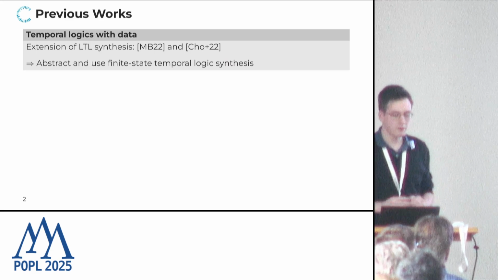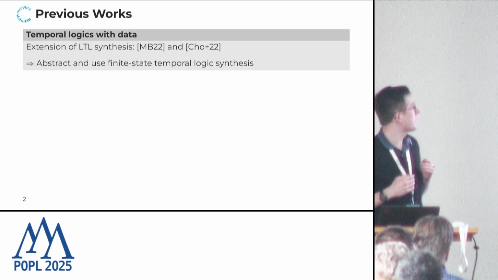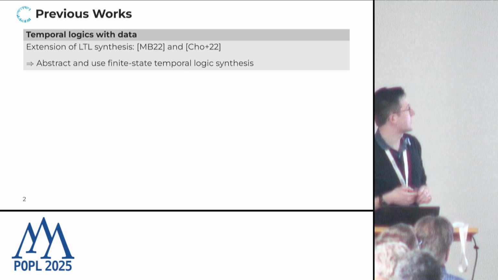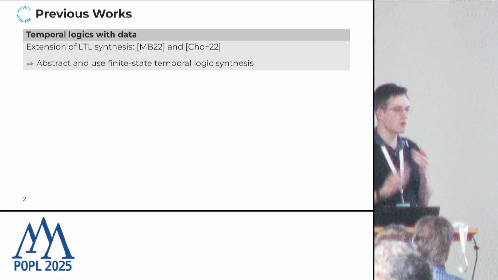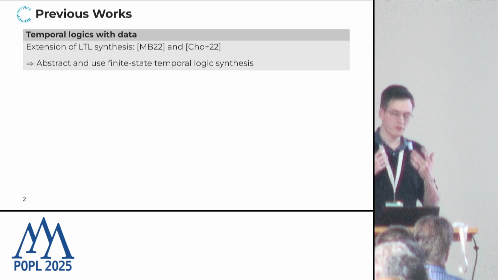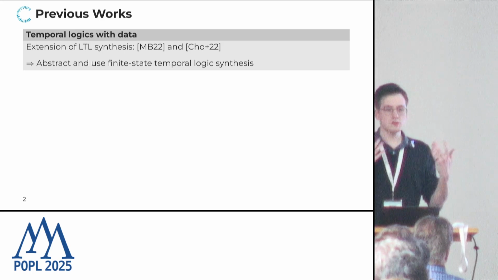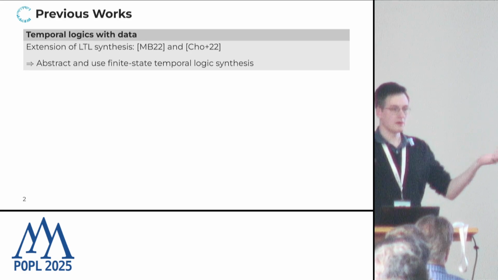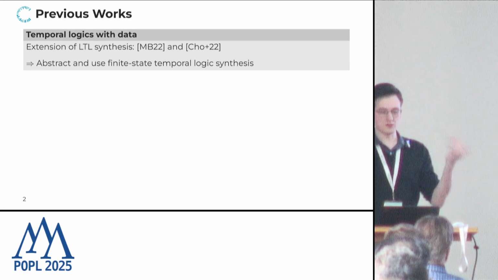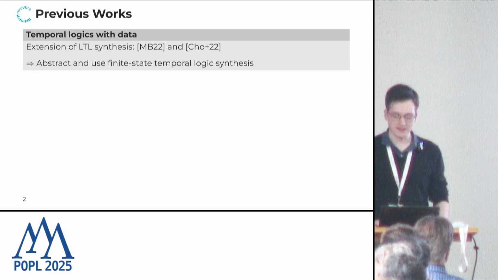And that's why recently this problem has attracted more attention. There's a wider body of work that has been done towards that, but very recently there have been two approaches that work on an extension of LTL with data. What they do is take this extension, abstract it back to LTL, and then use finite state synthesis.